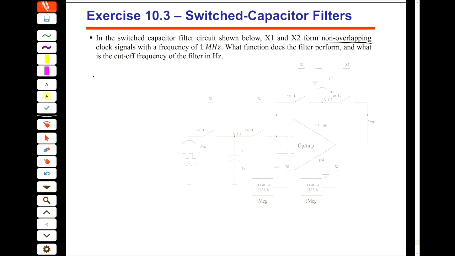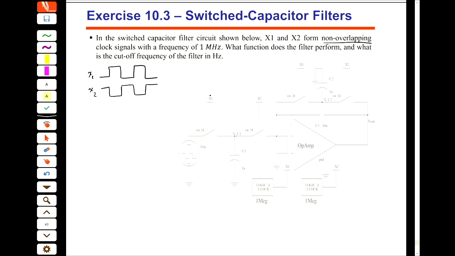Then if this is X1, and this is X2, we apply them to these switches.